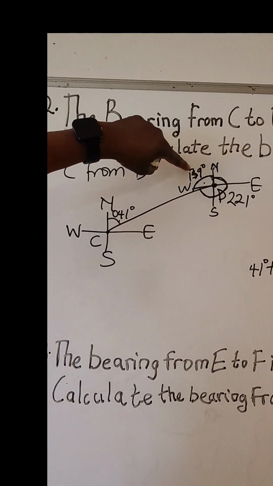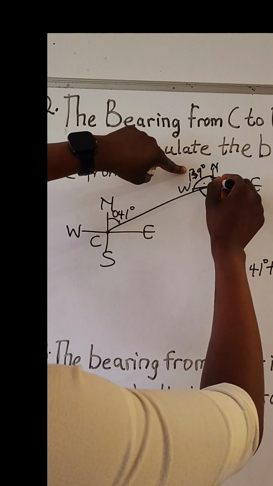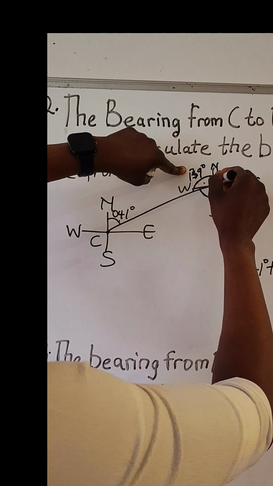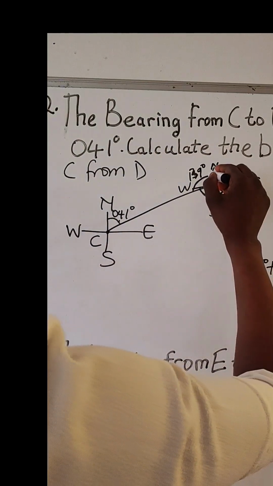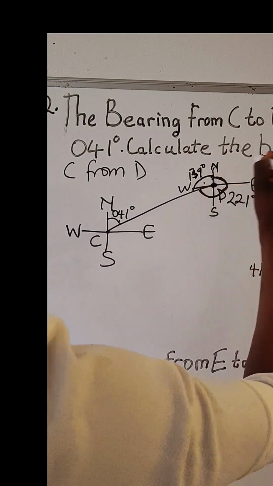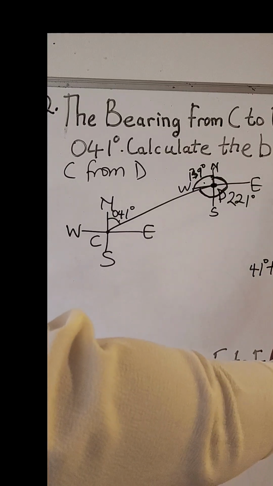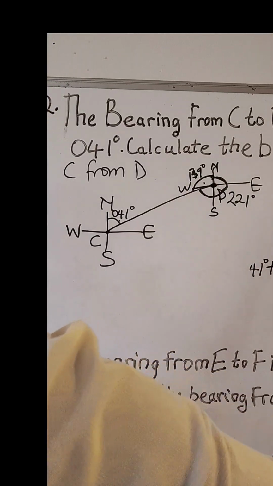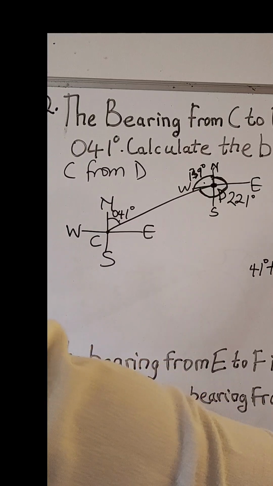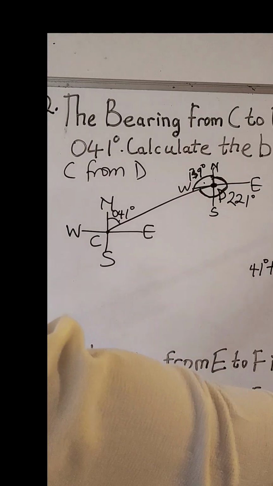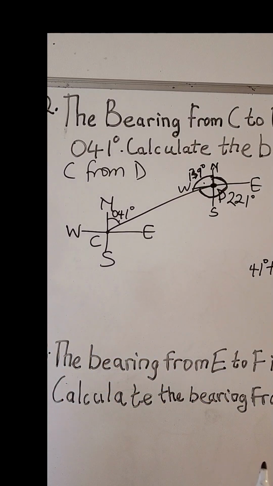So when we have this, the full turn of this angle is 360 degrees. So to get the remaining angle is to subtract 139 from 360 degrees, which will give us 221 degrees.